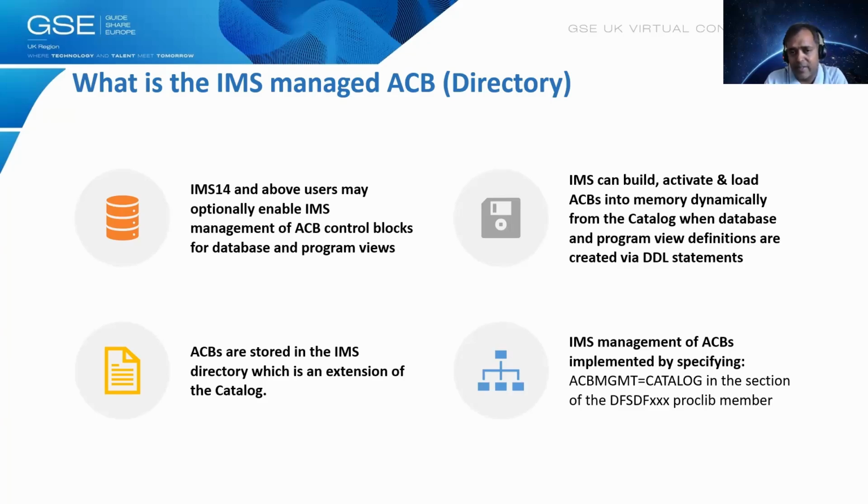The ACBs will be stored in an IMS directory, and IMS directories are implemented like a PDSE and not a PDS, and we'll talk more about that in slides to come.